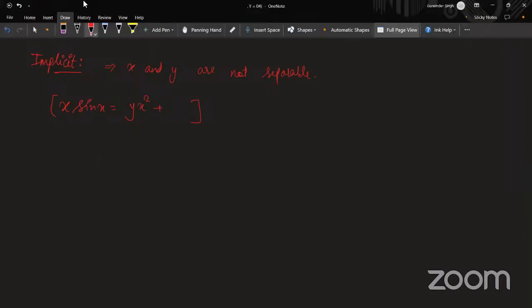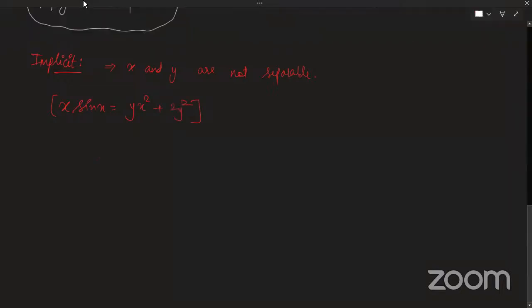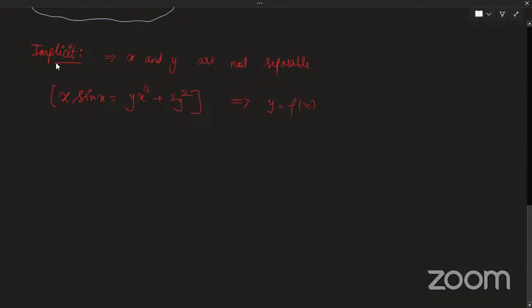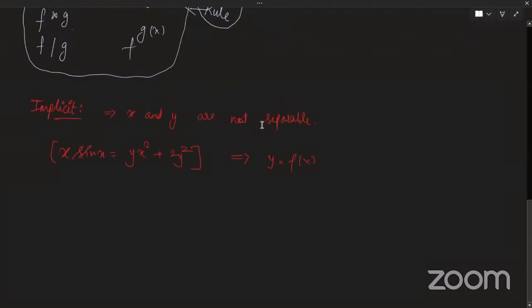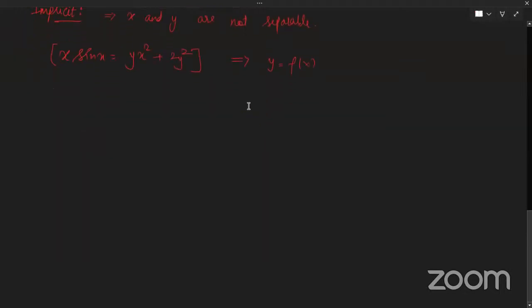So over here, x and y can't be separated out, right? You can't write this thing in this form. Or you can make something even more complex. That is not possible at all. So this is called an implicit function, where x and y cannot be separated on each side.